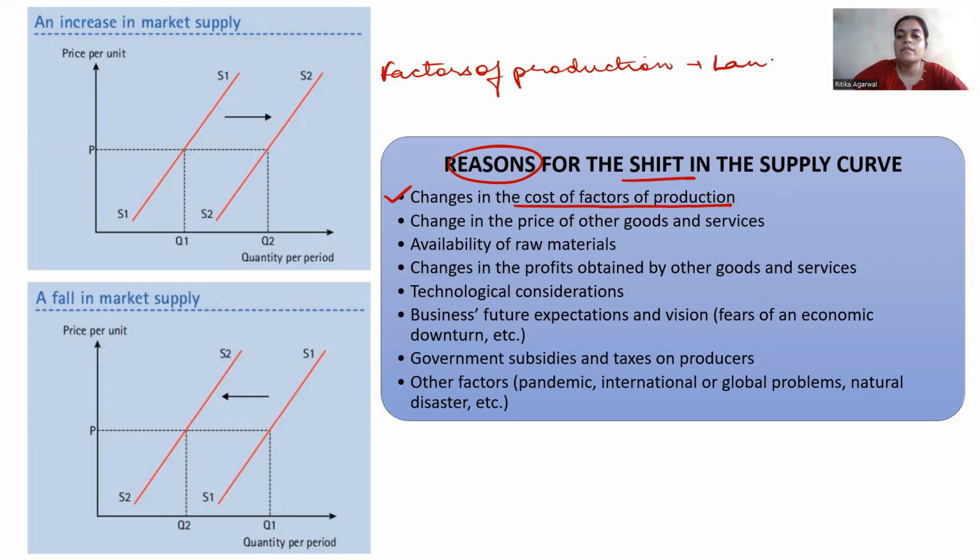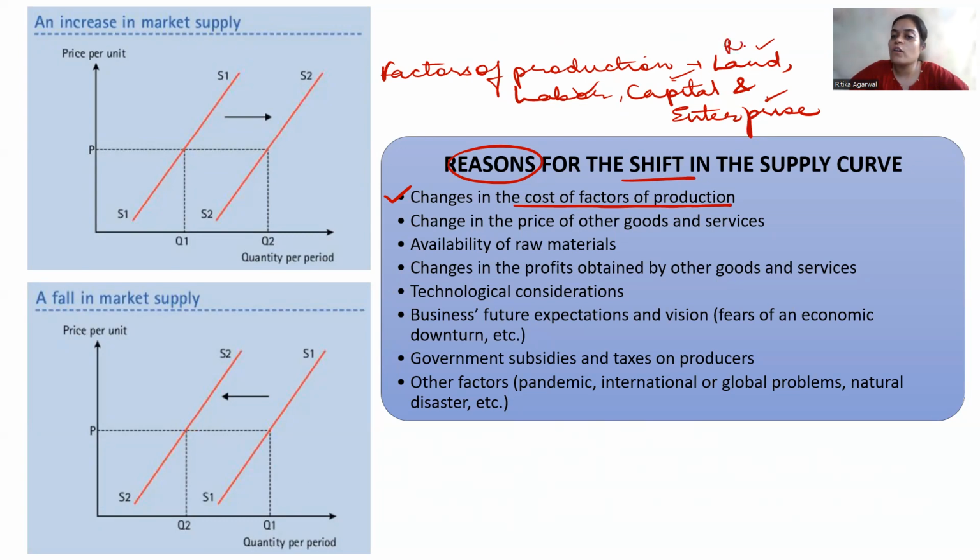They were land, labor, capital, and enterprise. So when there are land, labor, capital, and enterprise, the cost incurred by the firm to put them together leads to an increase in the cost of production.